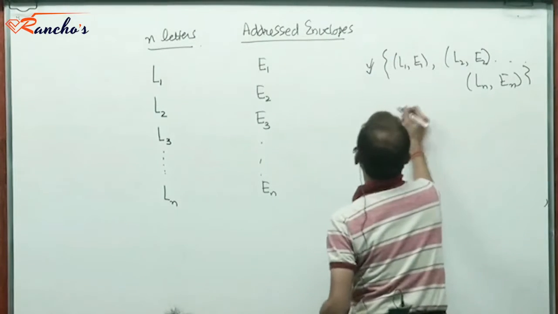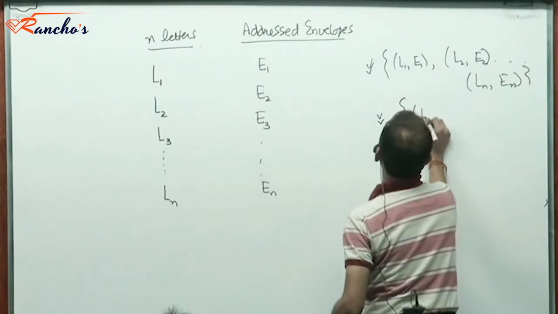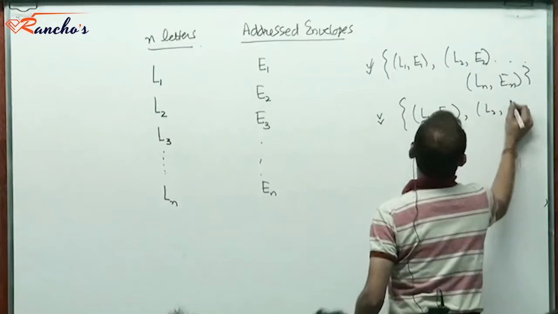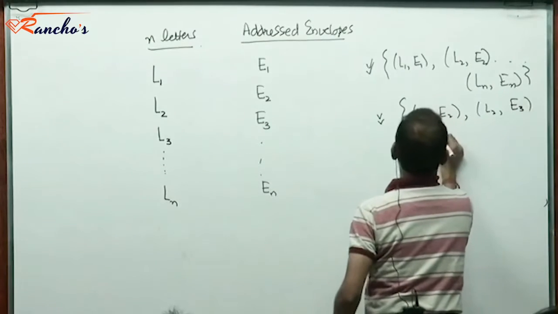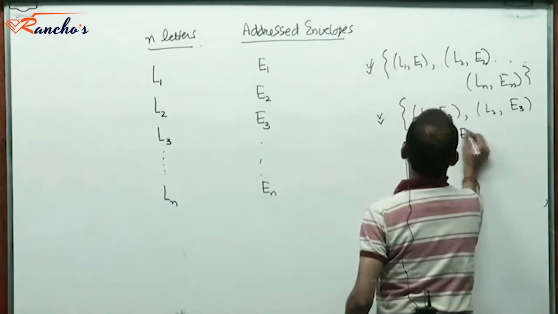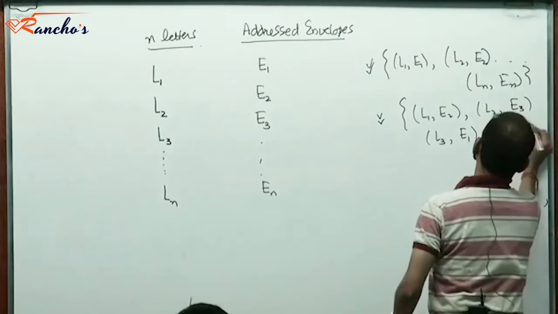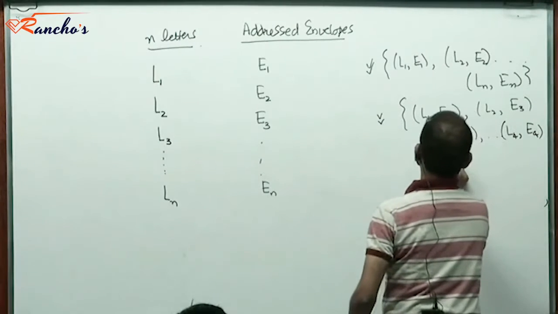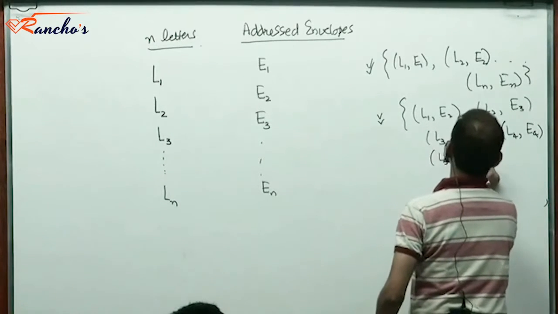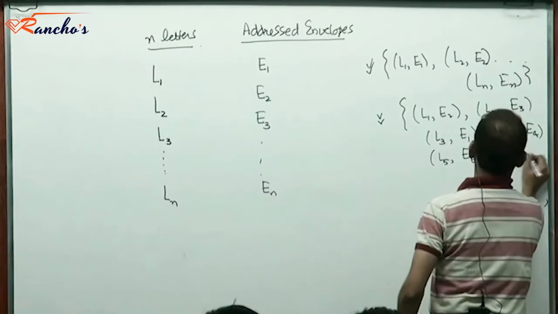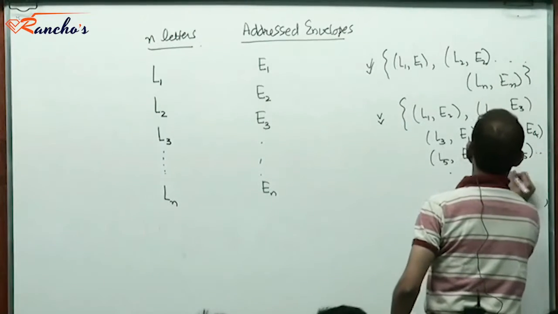There could be another way letters could be designated to envelopes, say L1 E2, L2 E3, L3 E1, L4 E4 say, L5 E6, L6 E5, and so on and so forth.